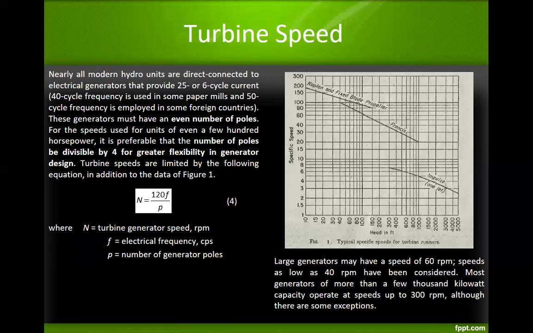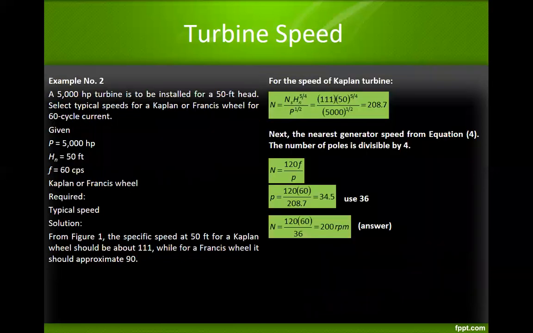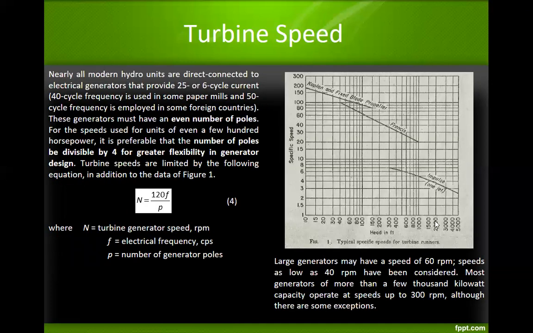Sinabi lang may figure, pati ito, drawing niyo na. While for Francis wheel, it should approximate 90. So 50, Francis wheel, 90, tama, 90.